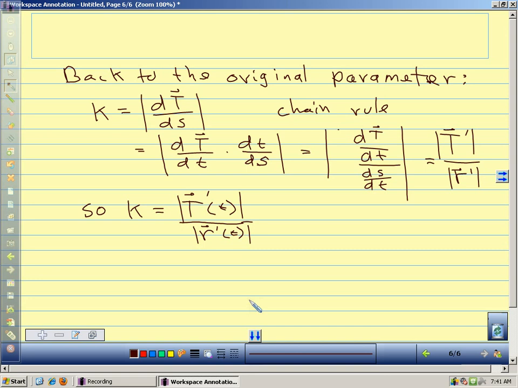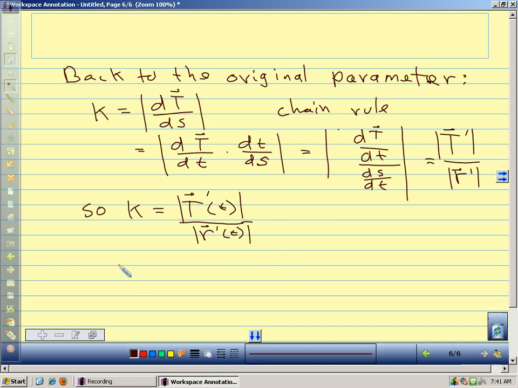Now T prime can be a little tricky to calculate, and we went through some derivations yesterday to find our normal component of acceleration.